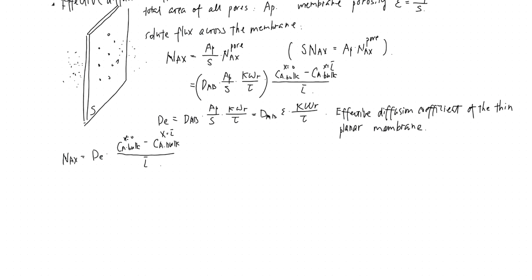Now, let me introduce how people empirically estimate omega R. This is called the Renkin equation.